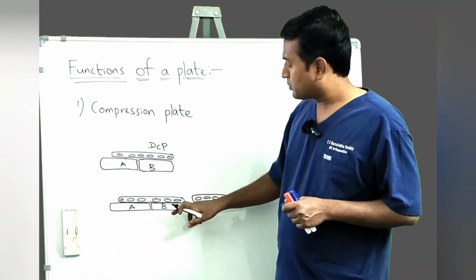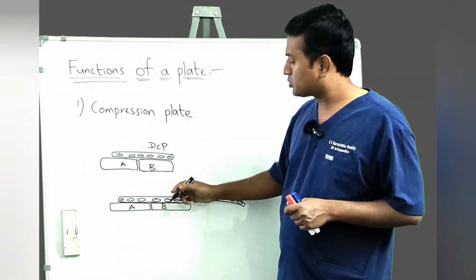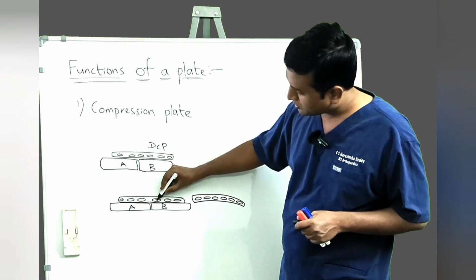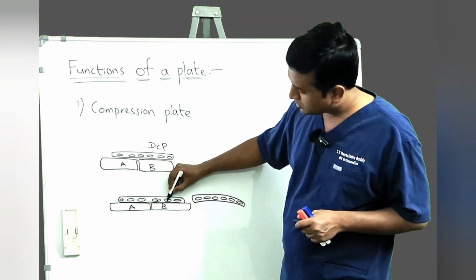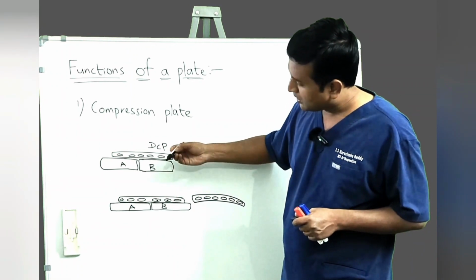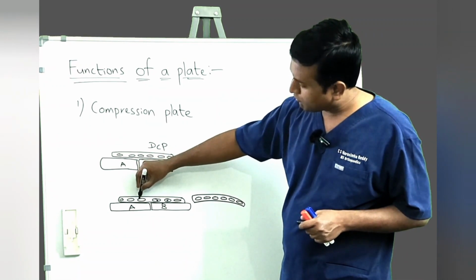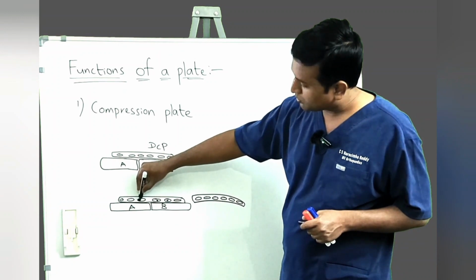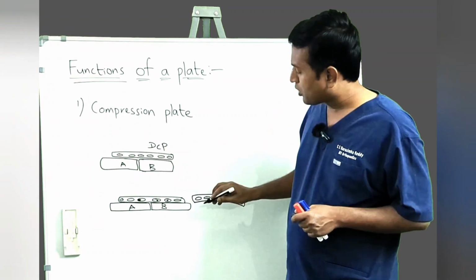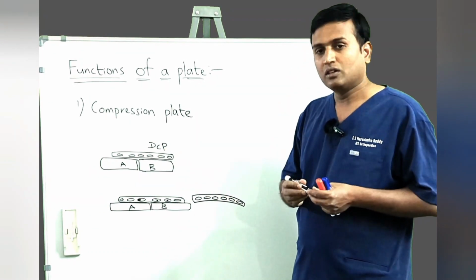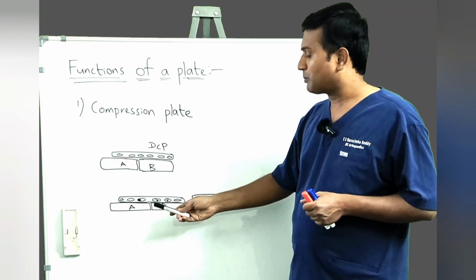Suppose I am fixing two centric screws on the B side, and to give compression I am putting one eccentric screw on the contoured plate. Then this gives compression.